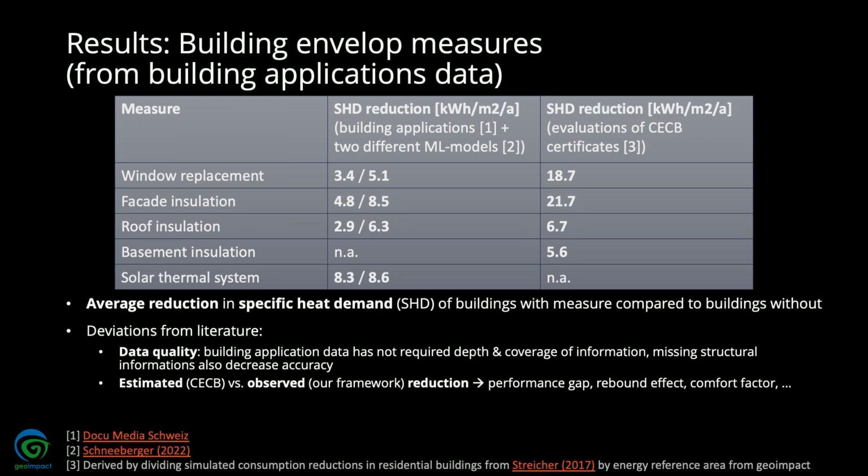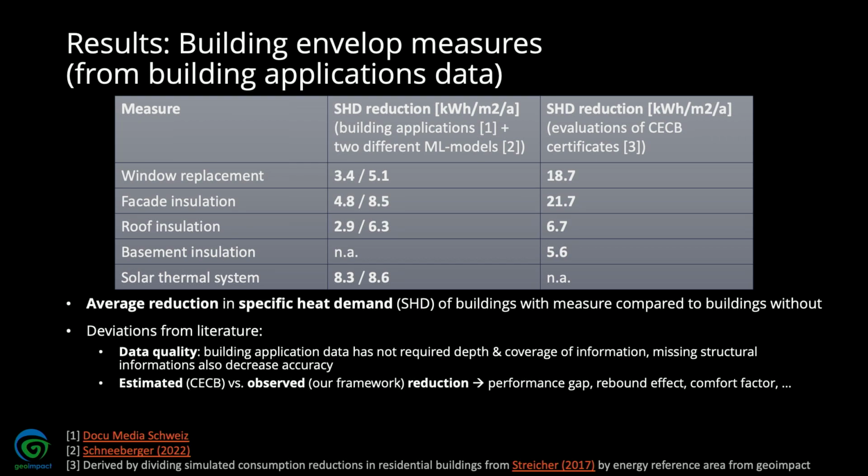So first is data quality. So in the master thesis, we were actually interested to check if the building application data can be used for this purpose. And probably the big difference says that it has not the required depth and coverage, because this data is not collected for this actual purpose, but for another purpose. So we tried to apply it to this new use case, which, yeah, is a test.